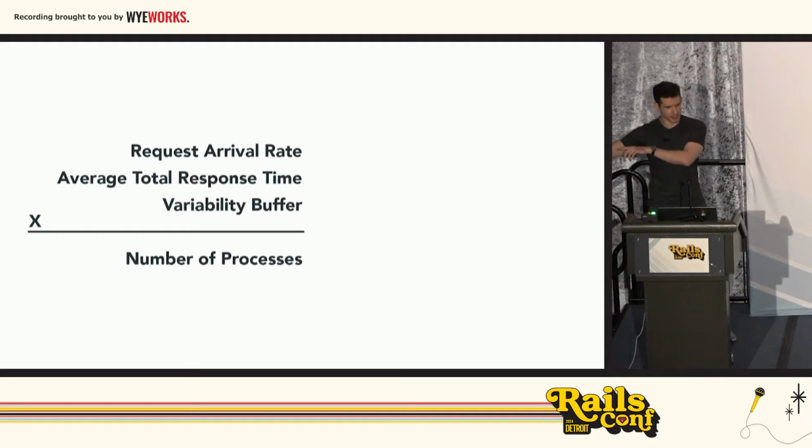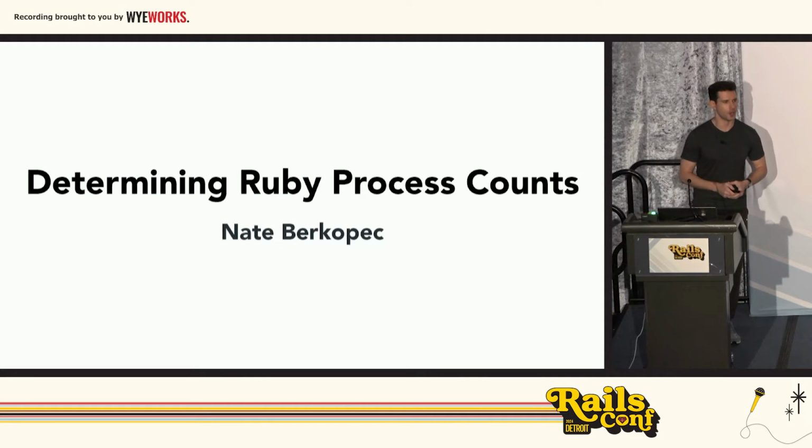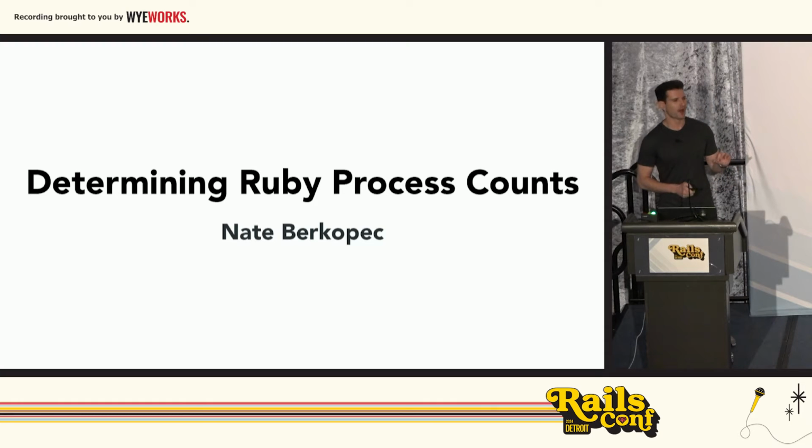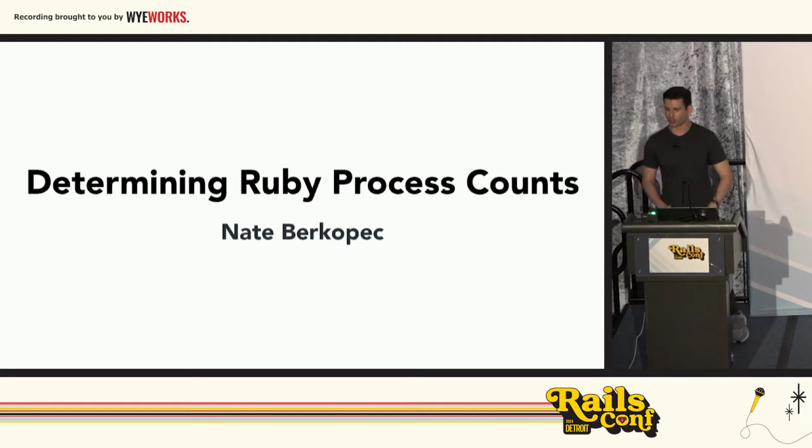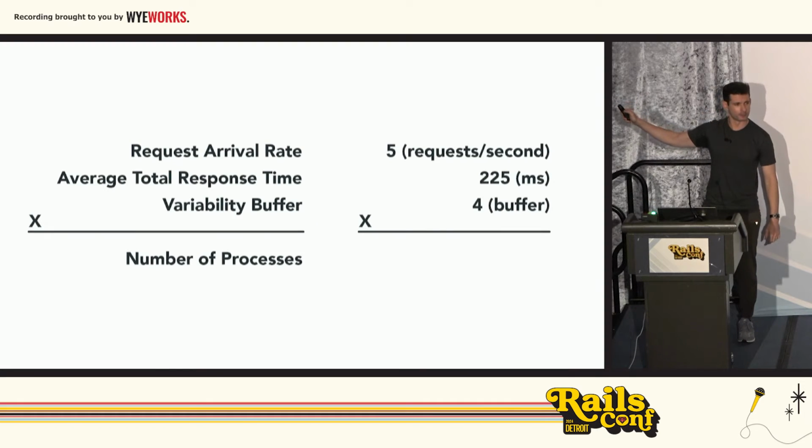Nate Berkopec, in his talk Determining Ruby Process Counts, notes that from his experience, he's found that we tend to best process requests when we're operating at about a 25% processing capacity. And so the multiplier that we'll introduce into our equation is going to be 4.